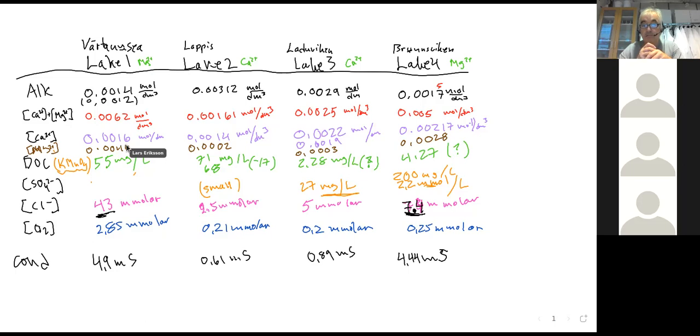That was one of the large differences I feel like when you look at this diagram, along with, of course, the DOC. Yeah, the DOC is difficult, but the alkalinity is higher, and in Lake 2, it's approximately twice as high alkalinity as calcium magnesium.